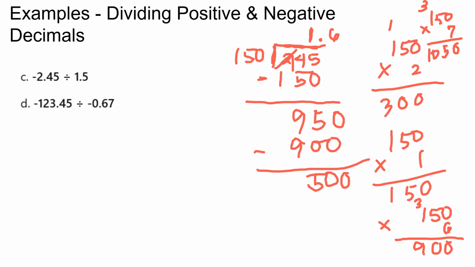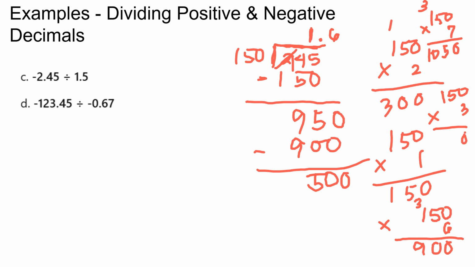All right, so what should we do? Estimated multiplication again. I will try to multiply 150 by 3.